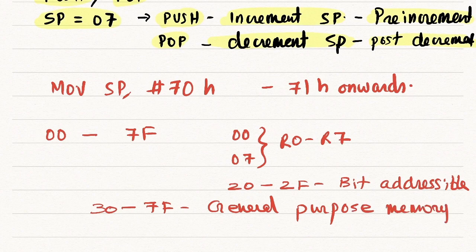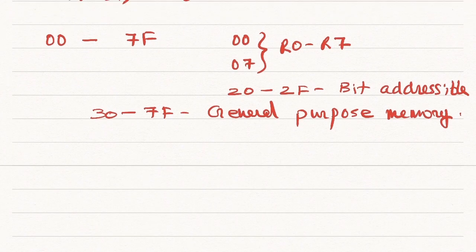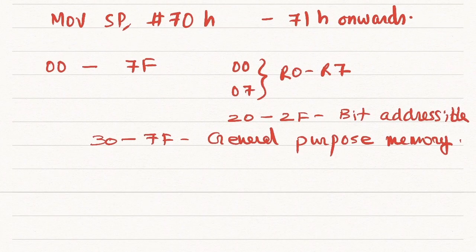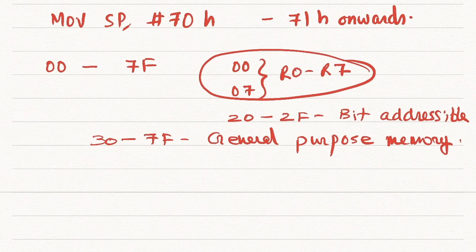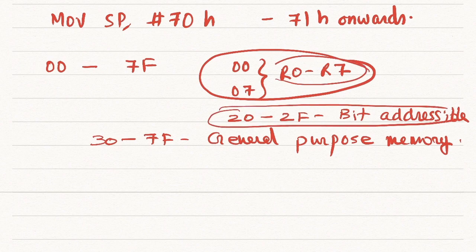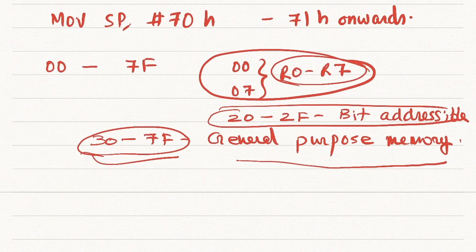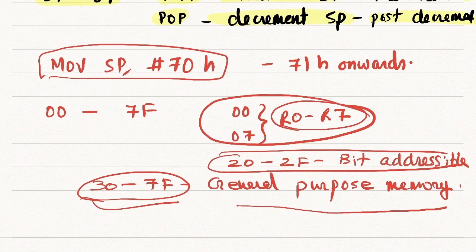Whenever you use a stack location, make sure you are doing it sensibly, in such a way that it does not by mistake overwrite any of the values of the bit addressable memory, the register bank, or the general purpose memory which you are using in your program. Suppose you are not using these locations or a part of them in your program, then it is fine, you can use that location as the stack, but otherwise be very careful while defining a different location for a stack.